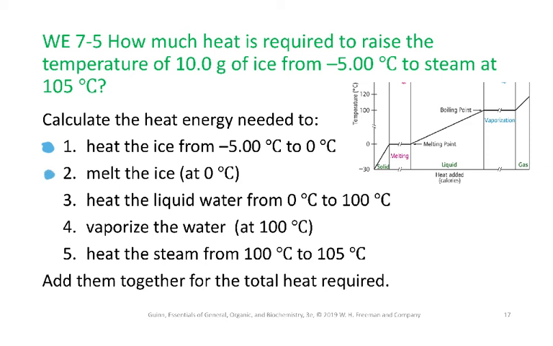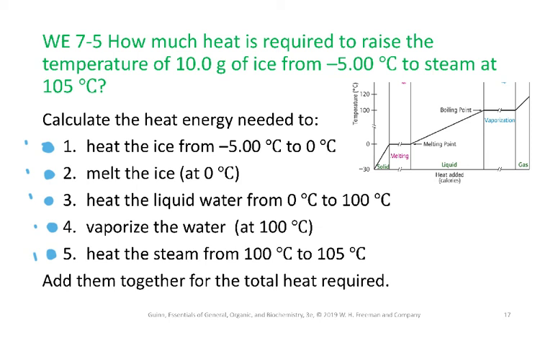Now we have liquid water, which we need to heat from 0 to 100, because that's the boiling point when it switches to gas. We need to vaporize the water at 100, and then heat the steam from 100 to 105. Each of these steps we can take one at a time and then add them together for the total heat. Okay, so you might get some part of this question, right?